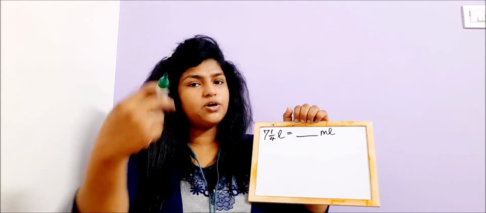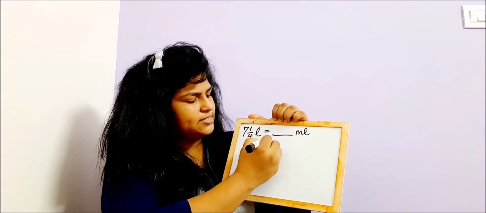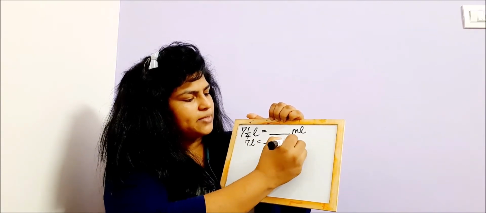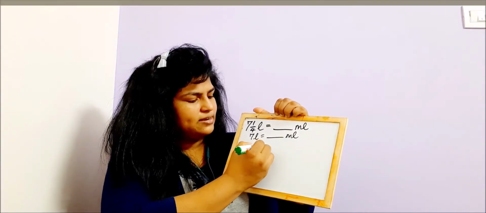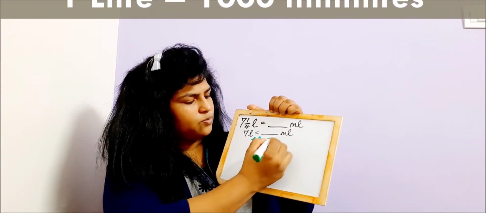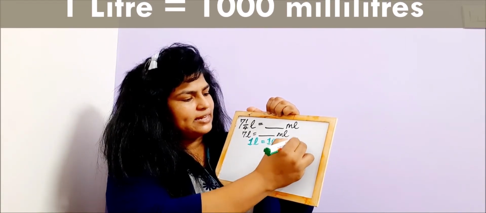So we remove the quarter and just take 7. 7 liters is equal to dash milliliters. Let's take the formula: 1 liter is equal to 1000 milliliters.